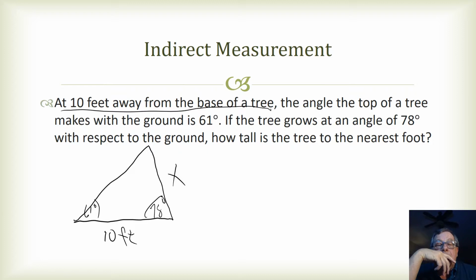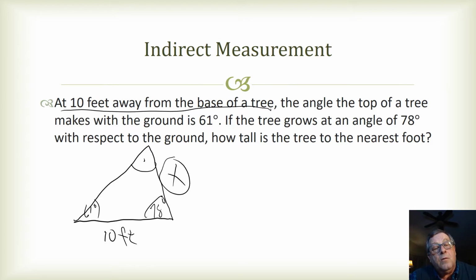All right. Well, I know the angle here at the ground, but I don't know that angle there. If I knew that angle, I'd have angle, side, angle, or angle, angle, side. So this is making me think maybe I can use the law of sines to find how tall this tree is. But I don't know this angle here, or do I?